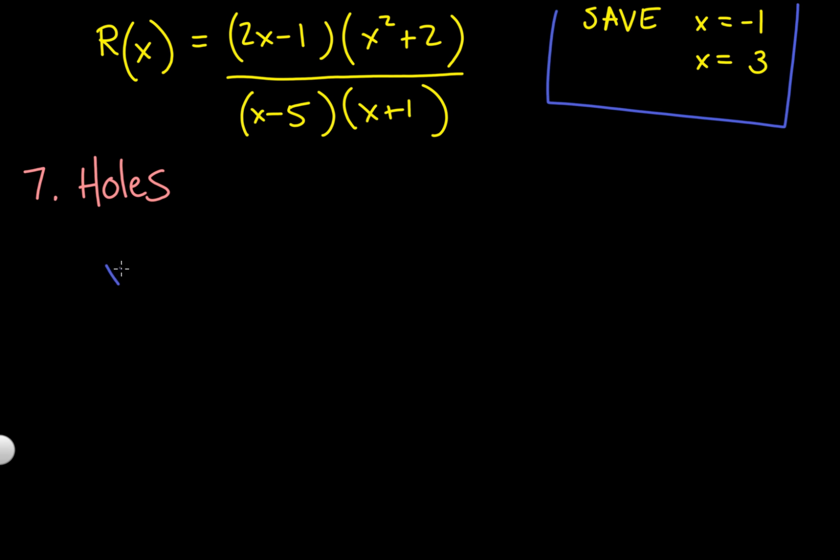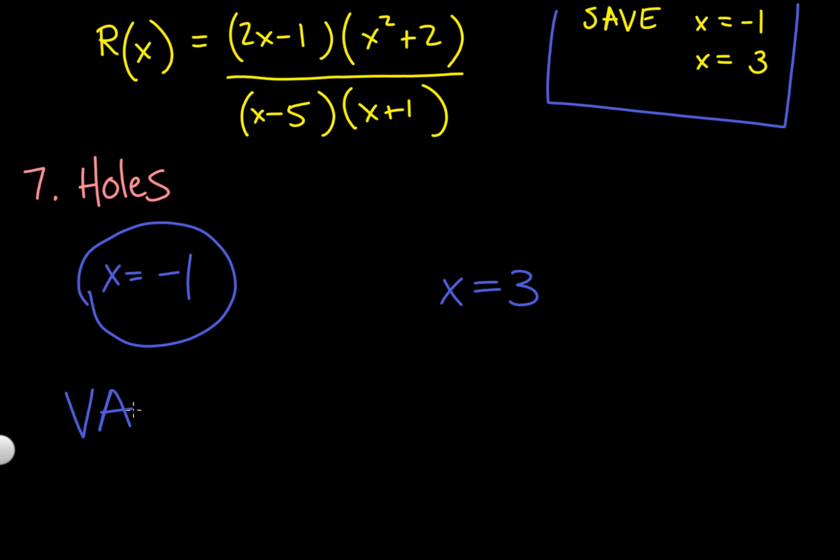So x equals negative 1, and x equals 3. Now, x equals negative 1 was a vertical asymptote. We cannot have a hole at the same place we have a vertical asymptote. The vertical asymptote eats the holes, so we do not have a hole at x equals negative 1.